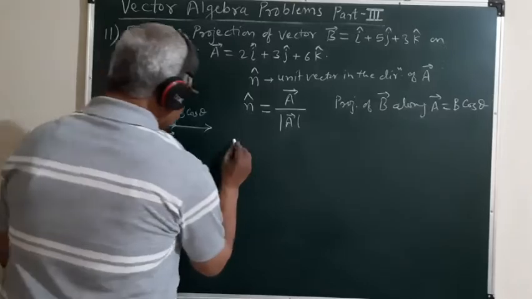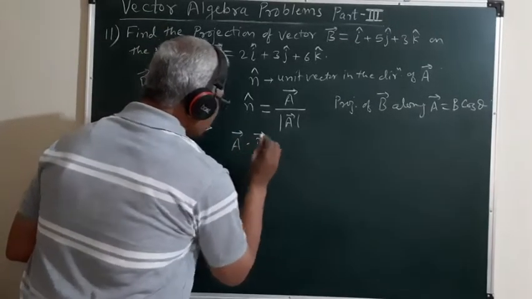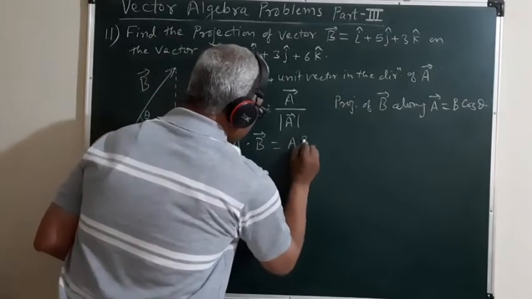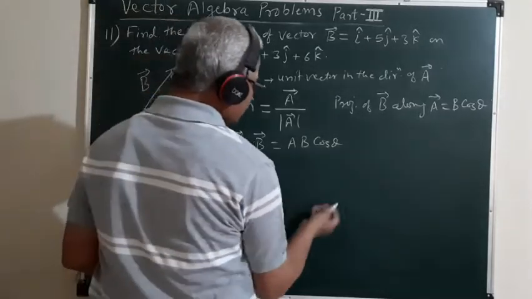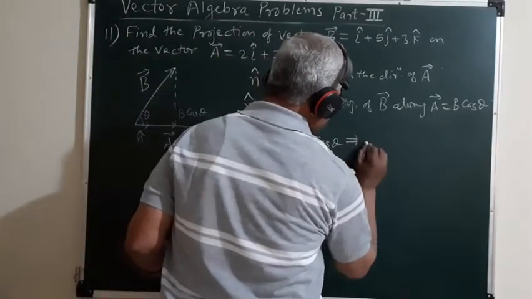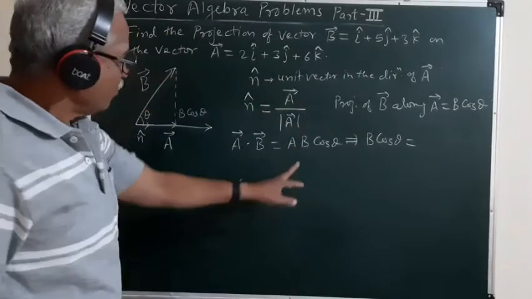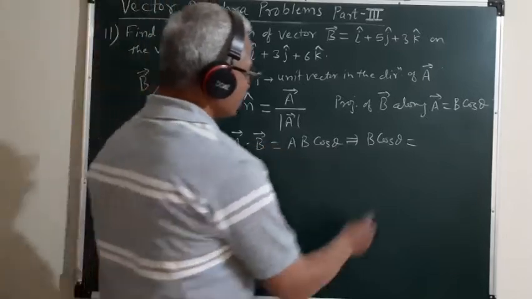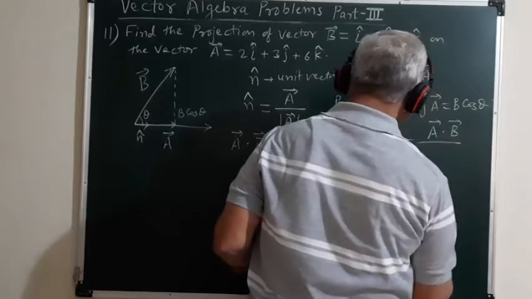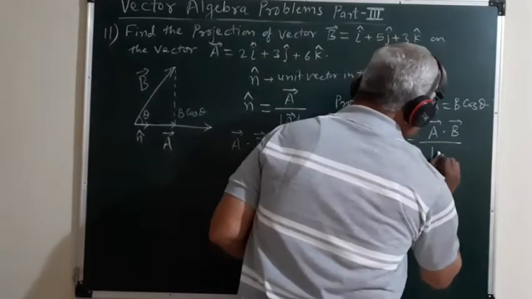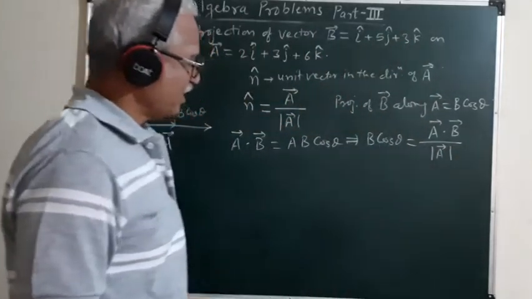We know that the dot product of the two vectors a bar and b bar is expressed as a b cos theta. So from this expression we can express b cos theta to be equal to a bar dot b bar divided by a, and a is nothing but the modulus of a bar or magnitude of a bar.